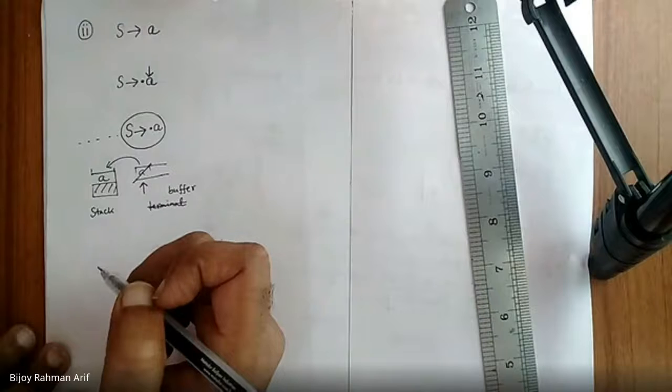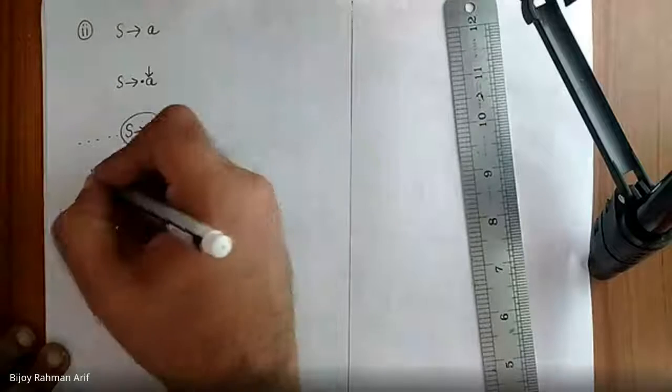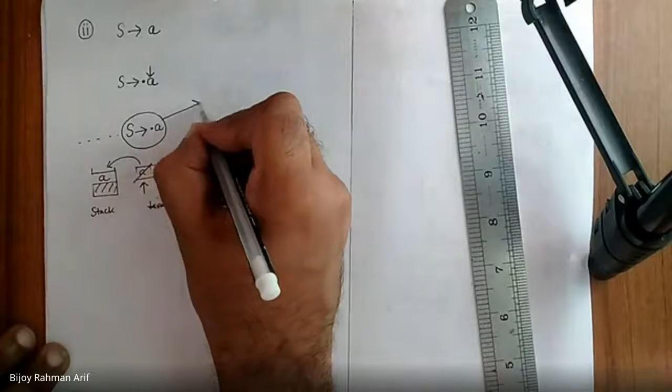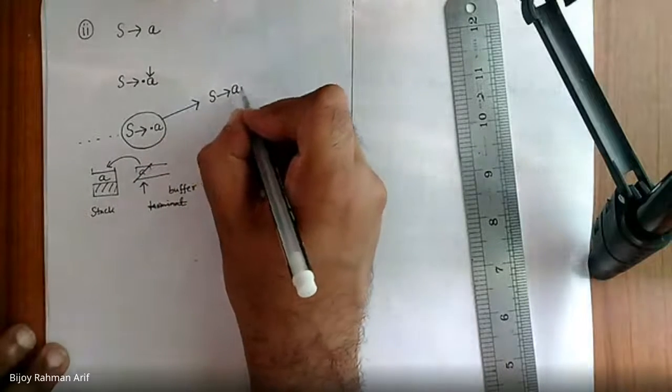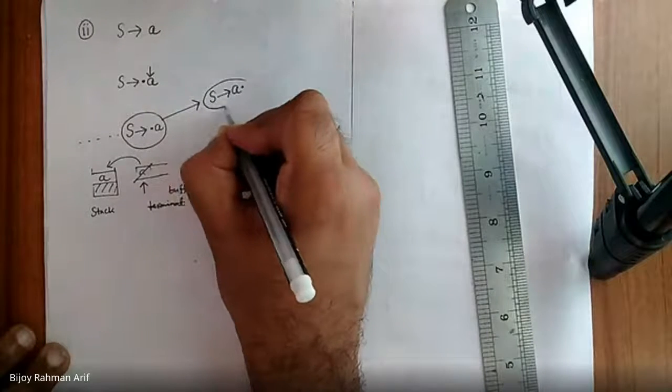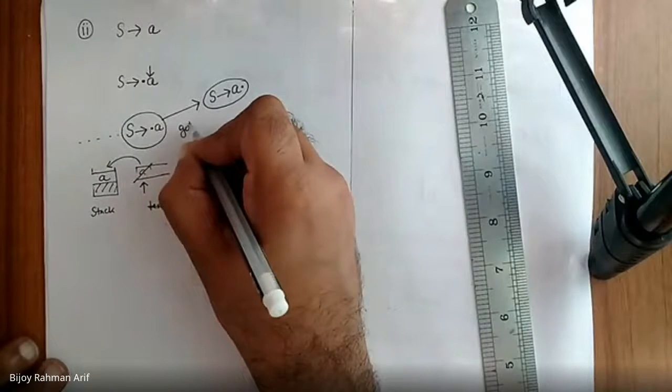Did you get it? Yes, sir. So after putting this one in the stack, what would be my rule? I'm going to a new state, and in this case, I have already seen the A. So it would be like this. So this is called GOTO. These are the two operations.